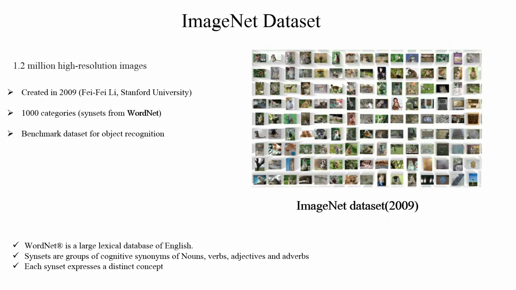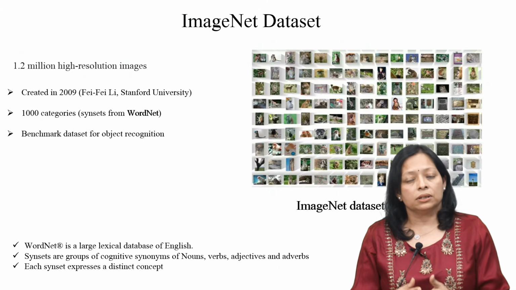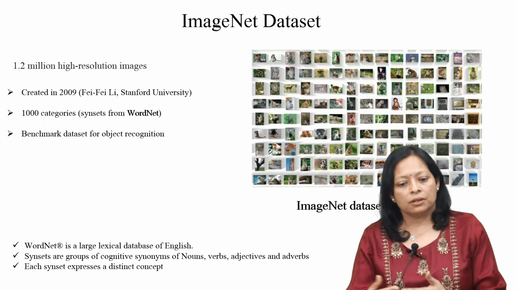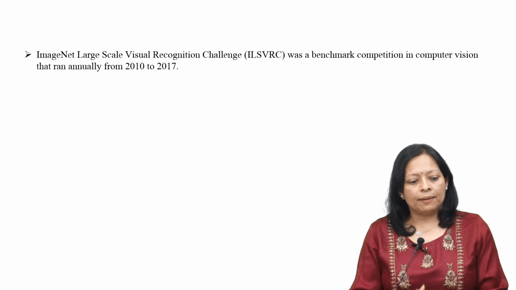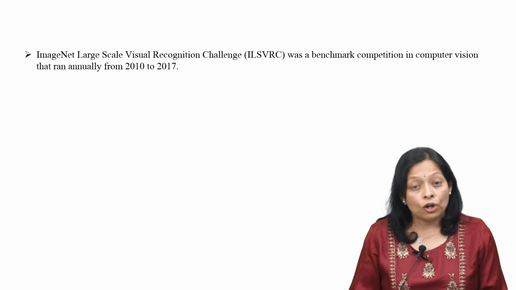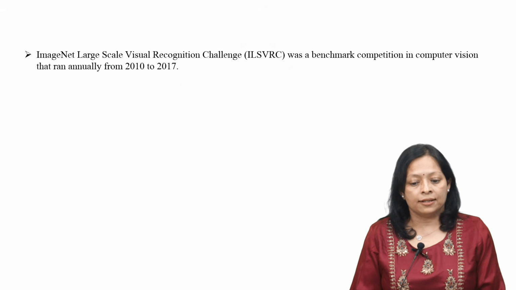So, at least one of the problems got solved in 2009, with the ImageNet dataset coming into the picture. Now, we will come to a competition, the ImageNet Large Scale Visual Recognition Challenge.